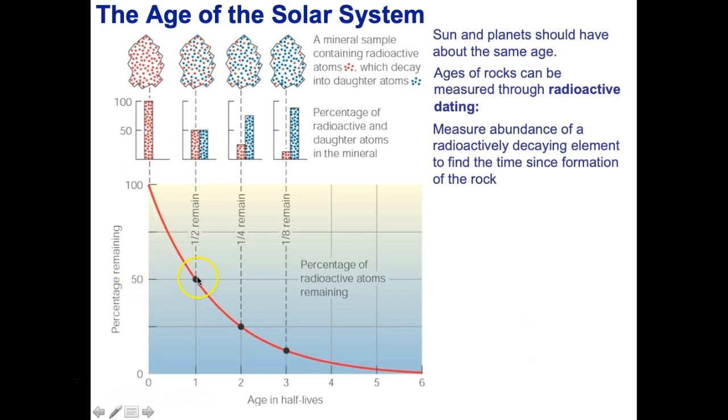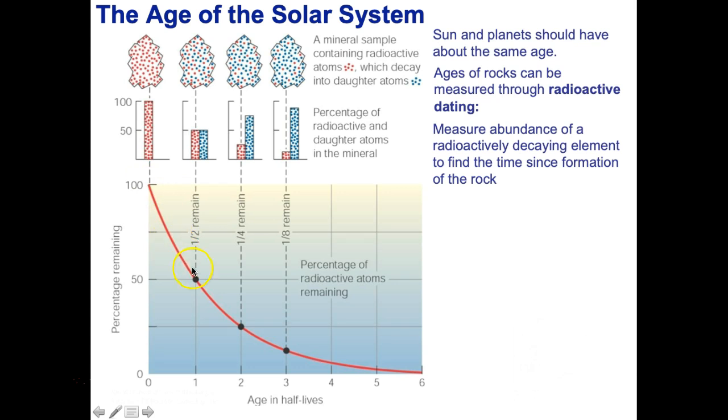Half of the material, 50% out of the 100% we started with, remains after one half-life. And we monitor the amount of one material, the red one was the parent material, versus its daughter isotope, parent and daughter, and we can determine, based on the ratio of these, how many half-lives it has gone through.